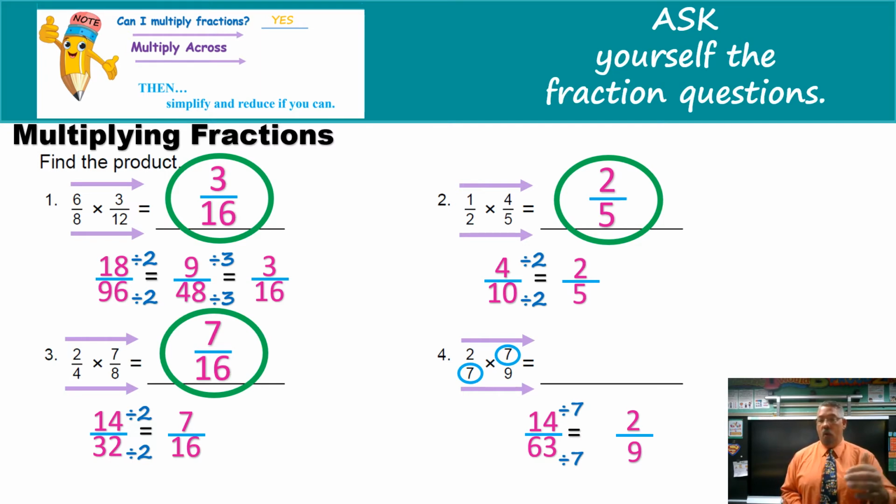Notice that when I take out the 7's, I'm left with a 2 in my numerator and a 9 in my denominator. So really that was the only math I had to do. That's why we're going to do a lesson on cross reducing tomorrow, to make our lives just a little bit easier, hopefully, when we do the math. But 2/9 should be my final answer once I reduce.